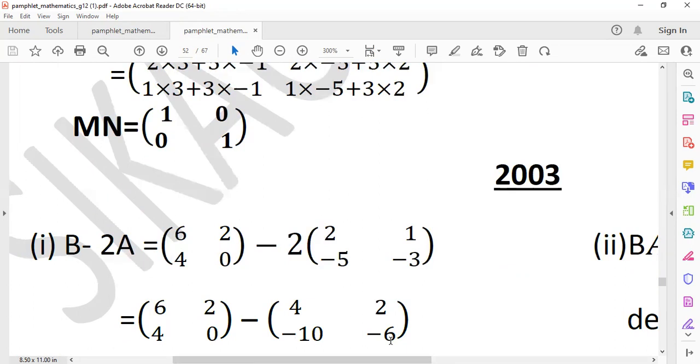So what we'll be having now is 6 minus 4, because it's the first one minus the first one. So it's 6 minus 4, 2 minus 2, then 4 minus negative 10.